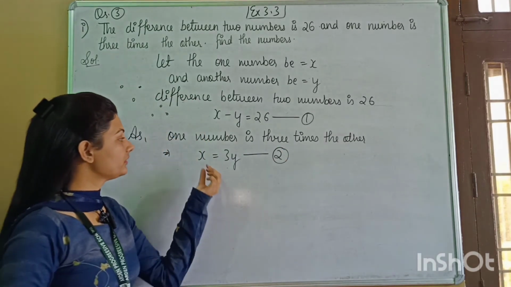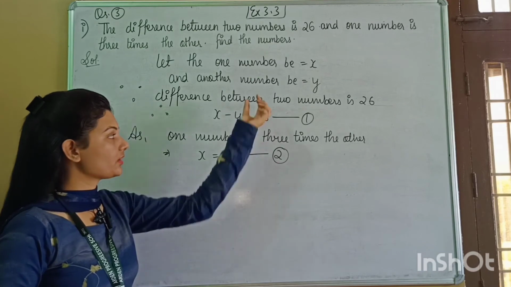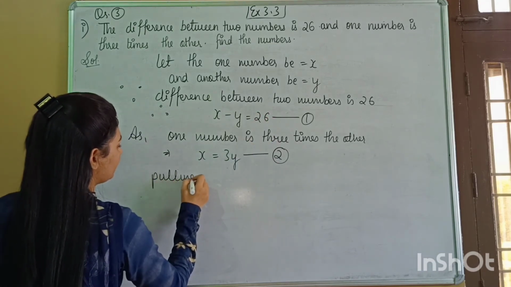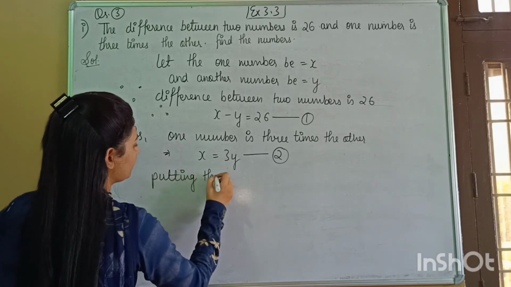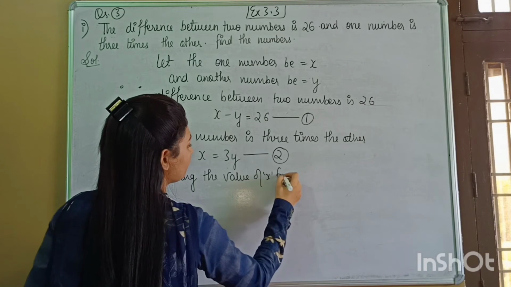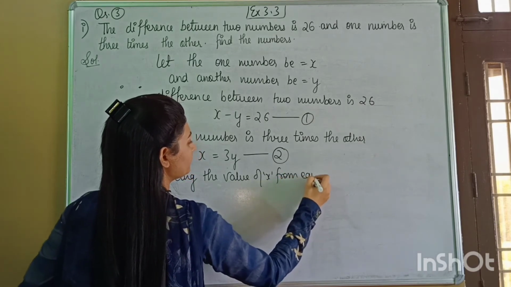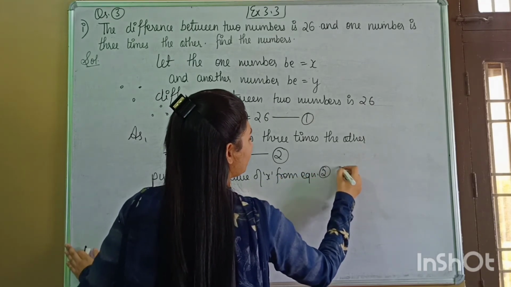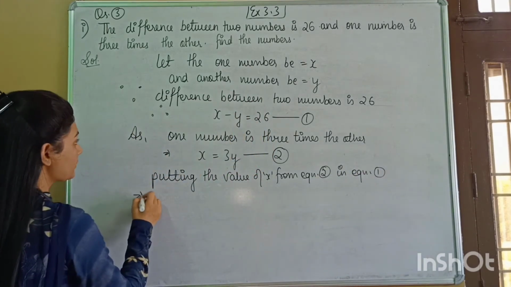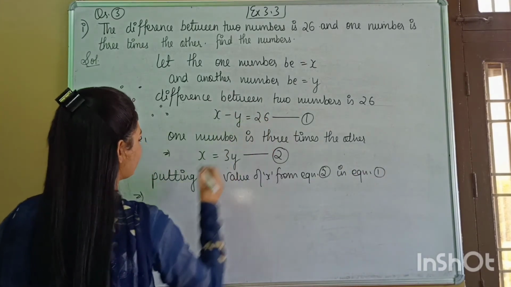So what will we do? We will put this value of x from equation 2 in equation 1. Equation 1 was x minus y is equal to 26.